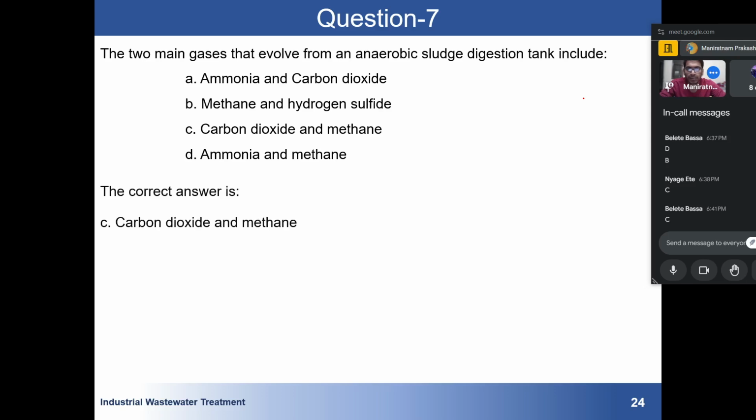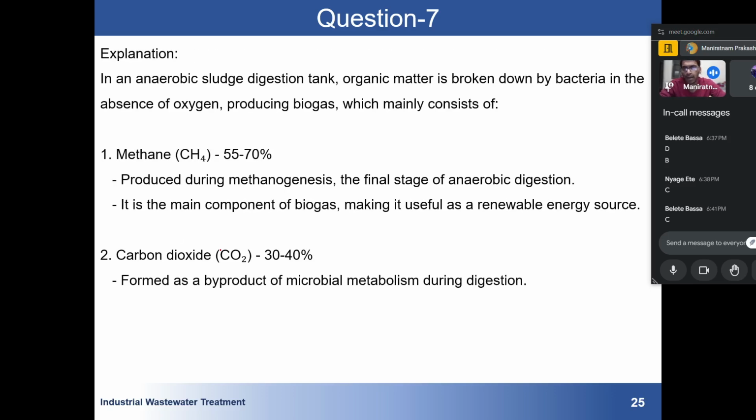Okay. Yes, the correct answer is C, that is carbon dioxide and methane. Methane is around 55 to 70%, and carbon dioxide is around 30 to 40%.